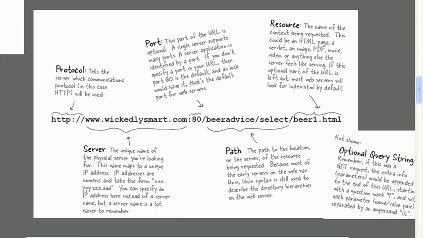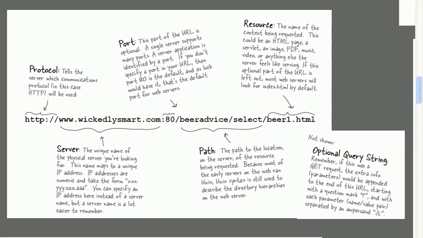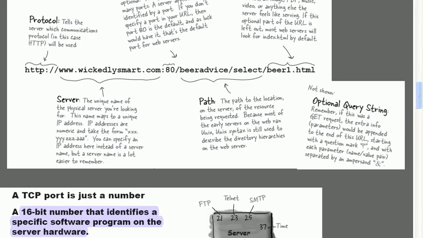Okay, let's take a look at what the URL contains. URL stands for Uniform Resource Locator. It has got the protocol that the client and server talk with, and then it has got the host name, the unique name of the physical server you're looking for, and the name maps to a unique IP address.